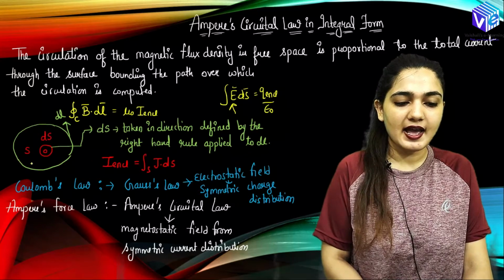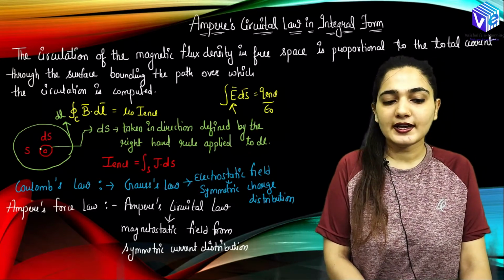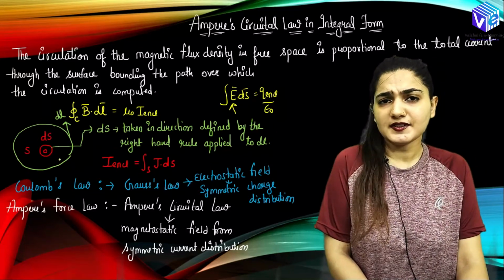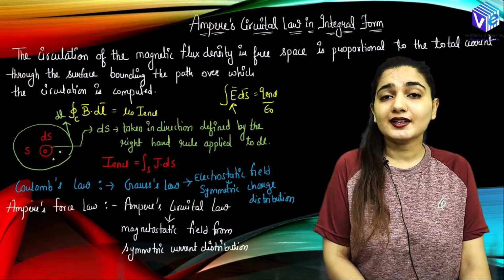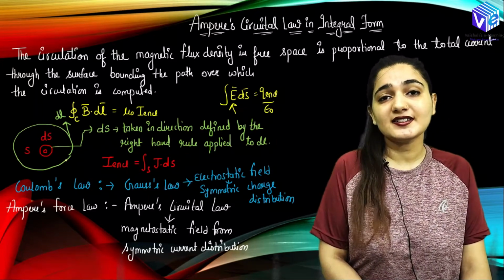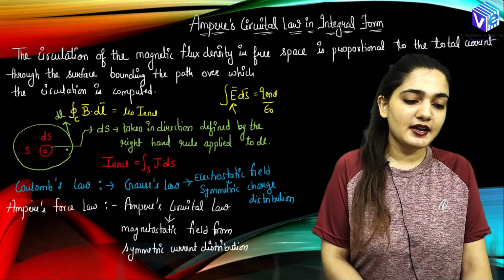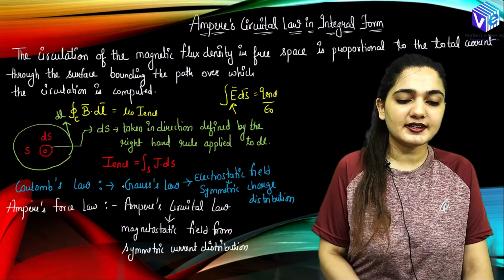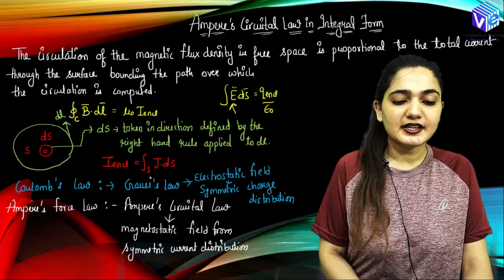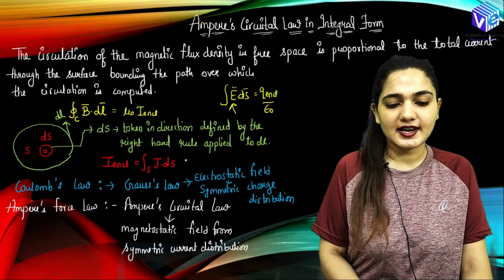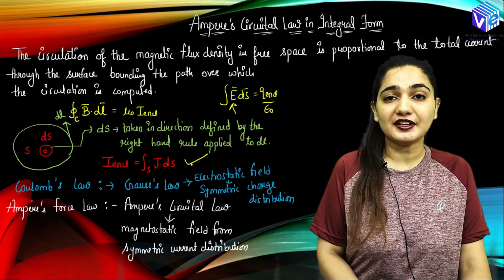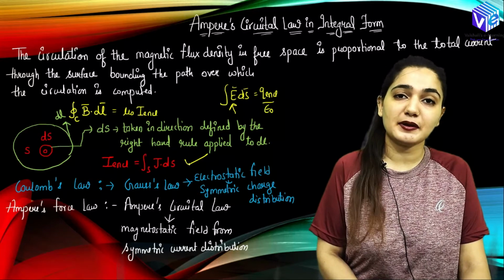And if I have the current enclosed, how can I represent it? Why am I considering the surface? Because the current enclosed can be represented with the current density. So if I have the surface, I can represent I enclosed as the integration over S of J dot ds. I hope you remember I talked about the current density and its different types in the previous video.